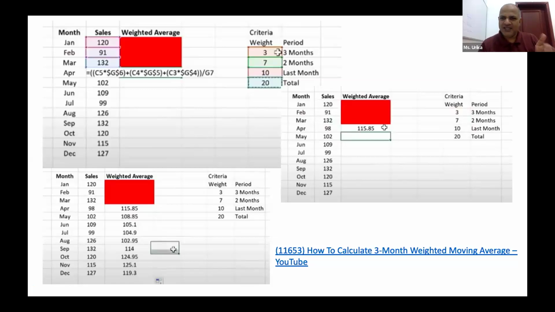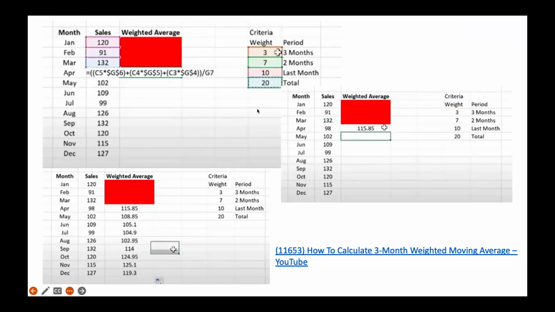The gap is very close, because last month, this month, you can easily see. But for 2 months back, changes are there, so you give fewer points. You understand weighted average? And 3 months back, you go even farther from you, so fewer points.